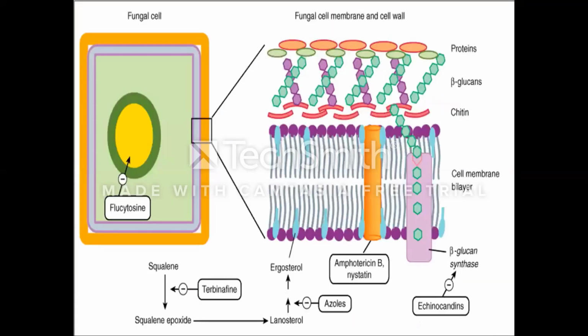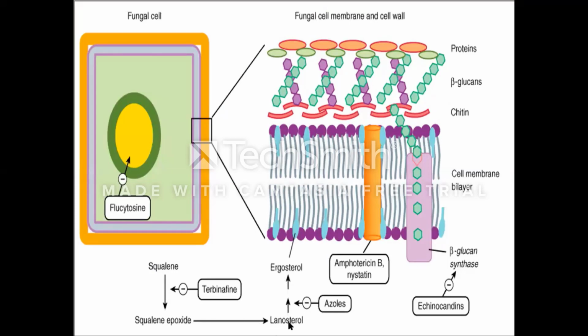Now if you look at the mechanism of action of the echinocandins, this diagram I have already shown you, this is the composition of a fungal cell wall, and we have seen the drugs which are inhibiting the ergosterol, like amphotericin, which was forming the pores across. Then there were azoles which were inhibiting this pathway of squalene to squalene epoxide to lanosterol and lanosterol to ergosterol.